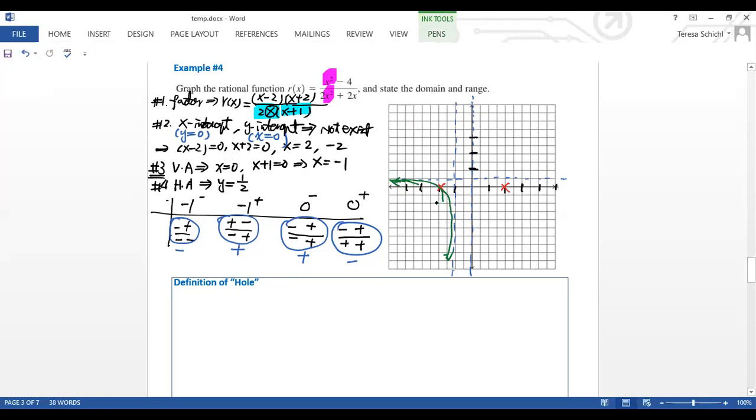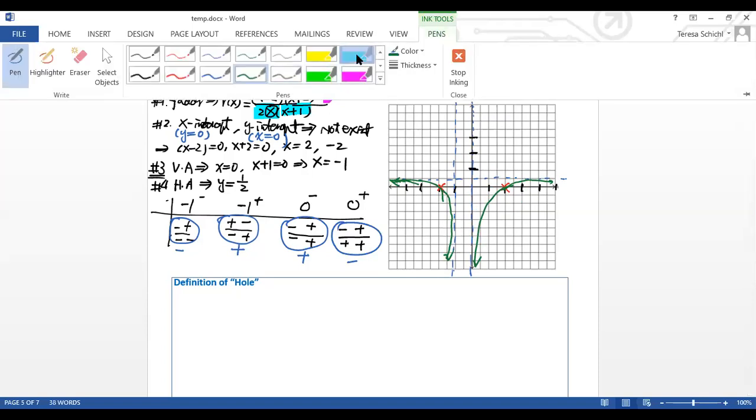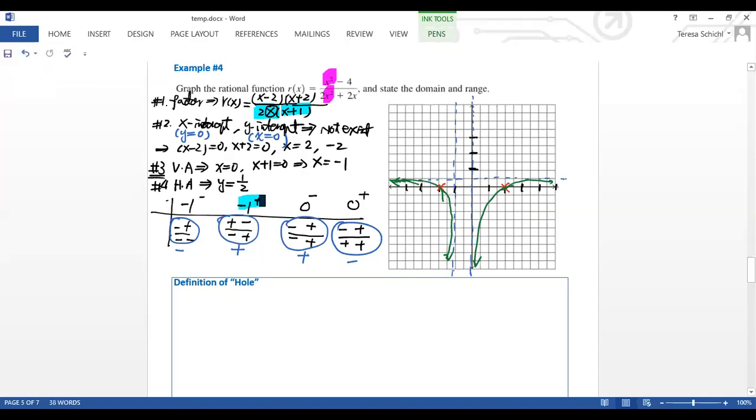All right, and now this one here, it is also going to go through this one here, and have the asymptotes here, and have the asymptotes here. And then the next thing, you see here, between -1 and 0, both are going to the positive.